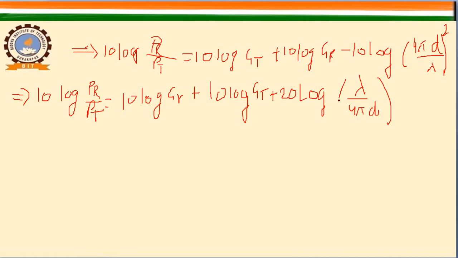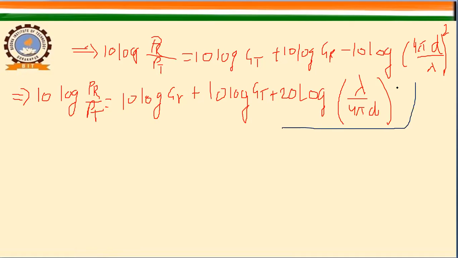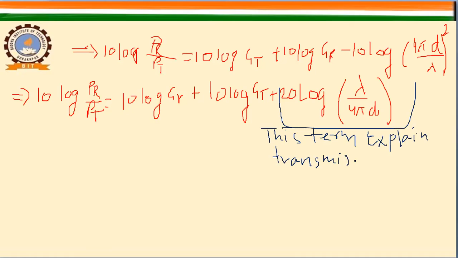Now our formula is rearranged. We take the inverse of this, 1 upon, so it is changed, and this term explains the transmission loss.